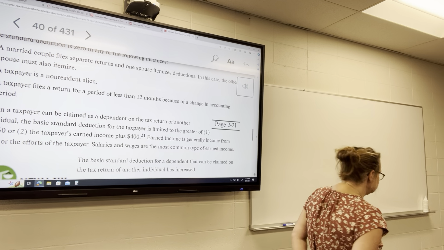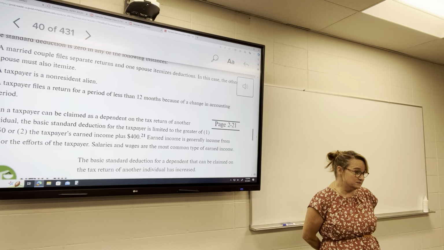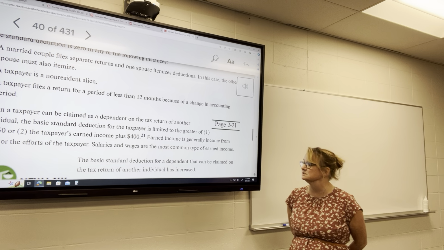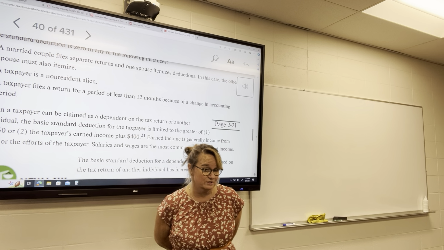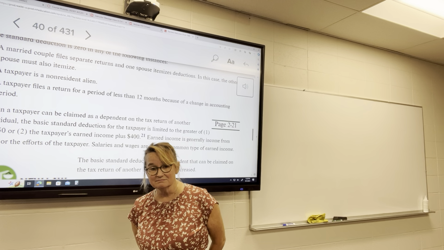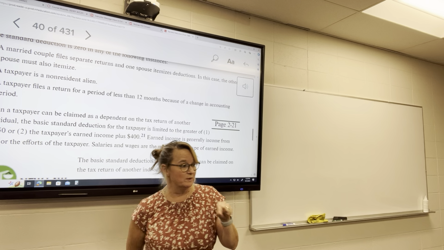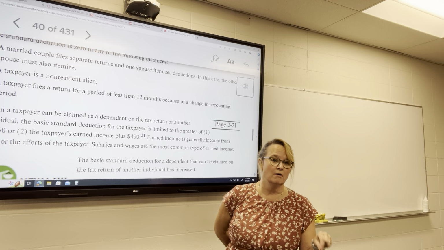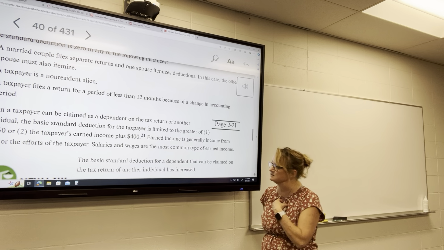What normally happens is that they are still the dependent of the parent, because the parent's still providing their support and still meets all of the qualifications of being a dependent. But then the child has to file their own tax return as well. And that dependency claim cannot be on more than one tax return. So the child is now going to lose out on the advantage of their own dependency.